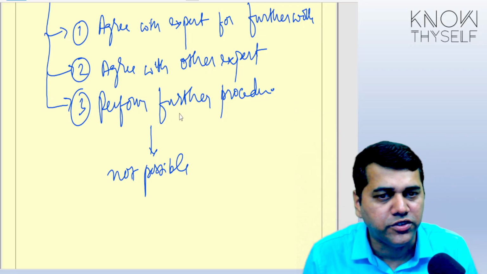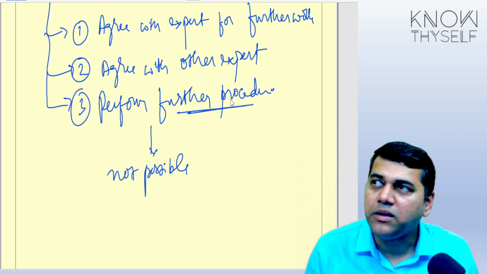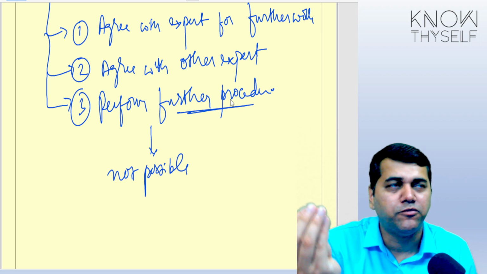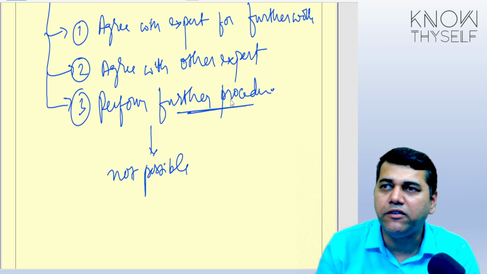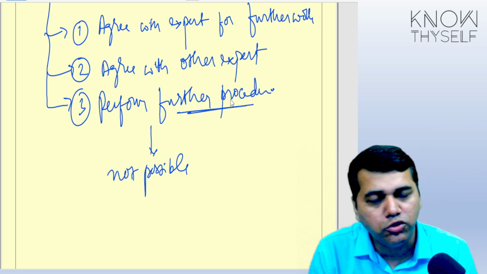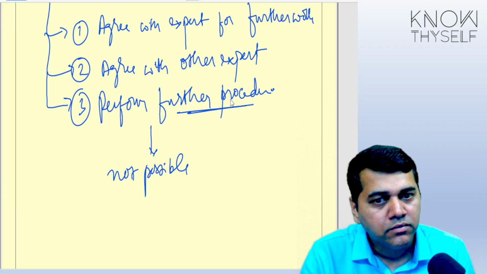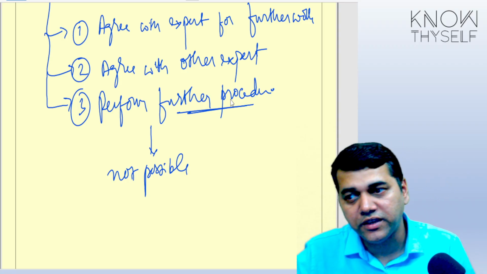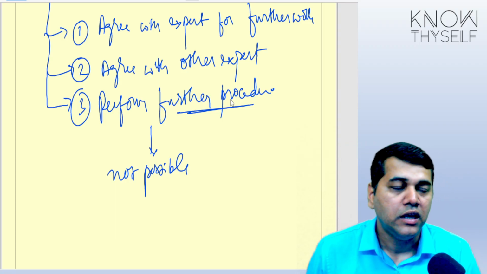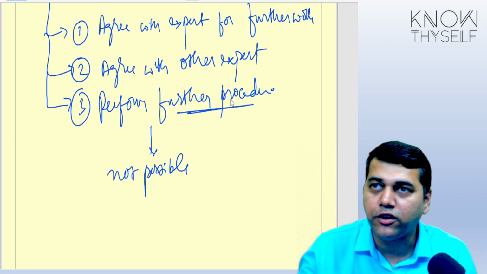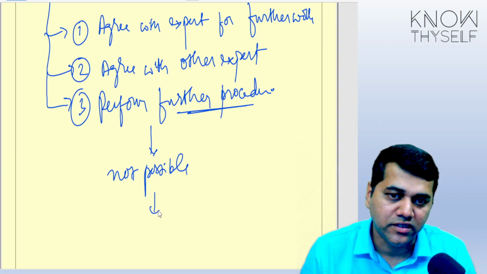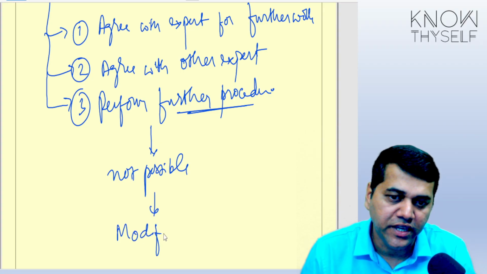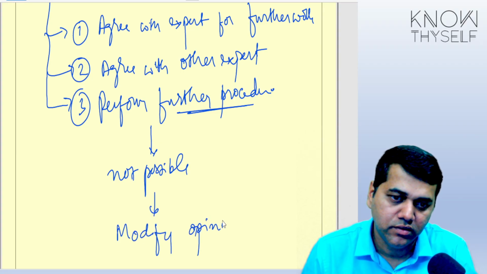This is called further procedures. Some small patch up work is pending in painting. You only bring one paint and you start brushing. Finish. You don't need that expert anymore. But see, a big work is pending. This expert has told I cannot do. Other experts are not available. You cannot do it yourself. In such cases, you may have to modify the opinion.